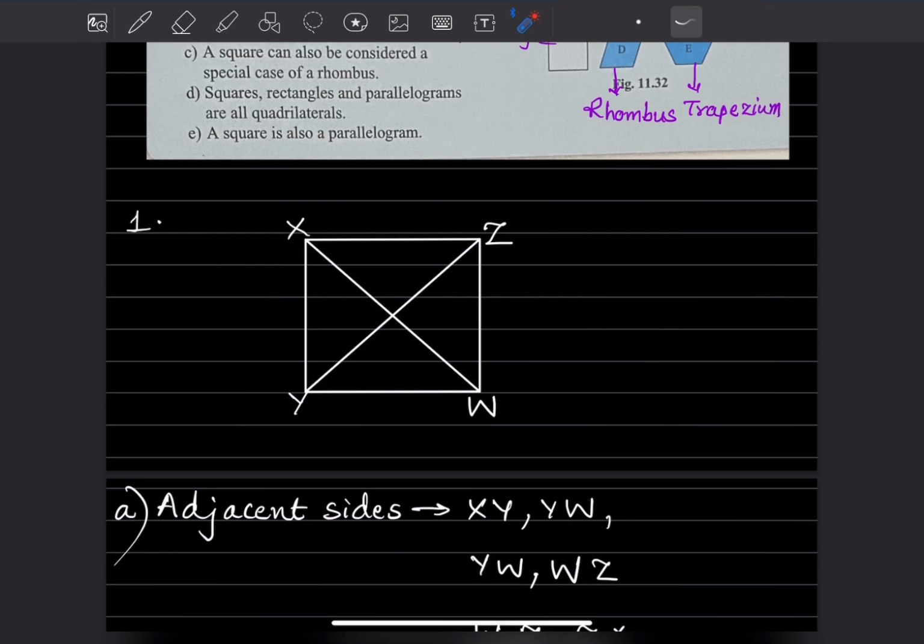And if it was concave, some diagonals would be inside and at least one would be outside. That will be the concave quadrilateral.